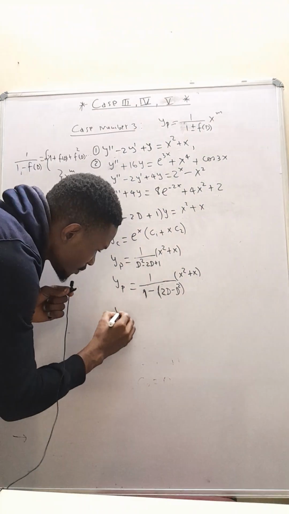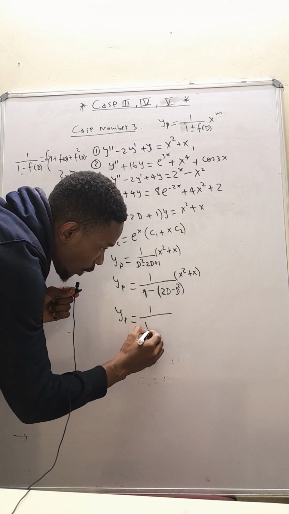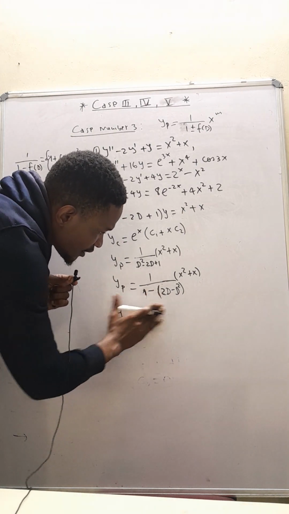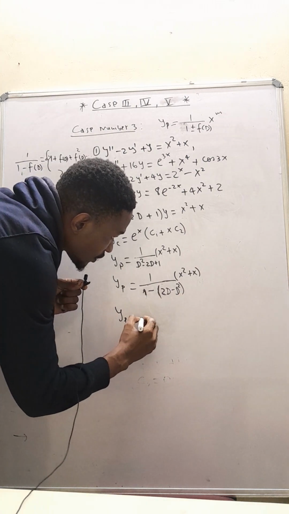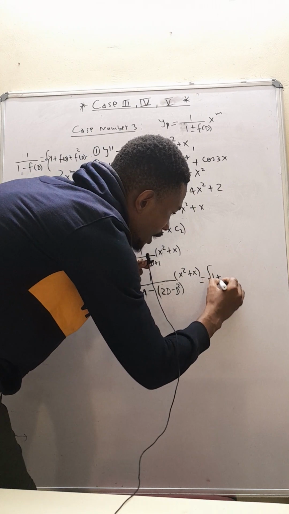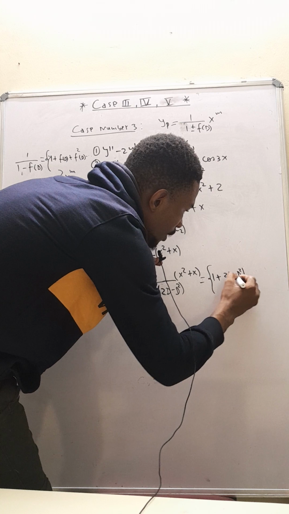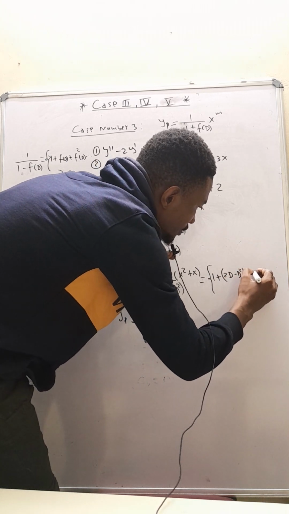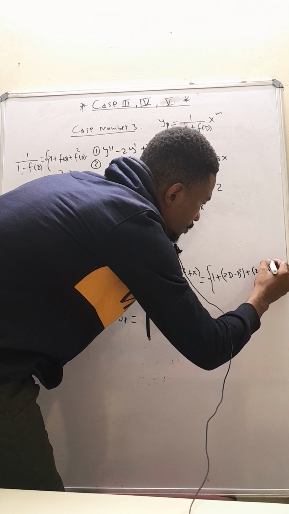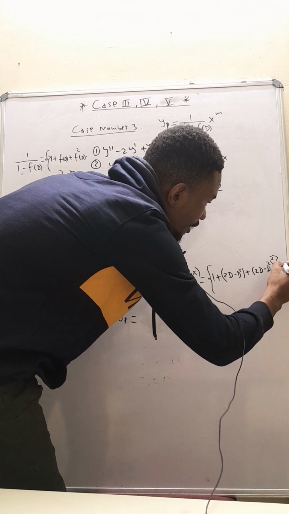So this means that yp will be equal to 1 all upon 1 minus f of D, where this is the function f of D. Then this will be equal to 1 plus f of D, 2D minus D squared, then plus 2D minus D squared, all squared. And that will stop here.